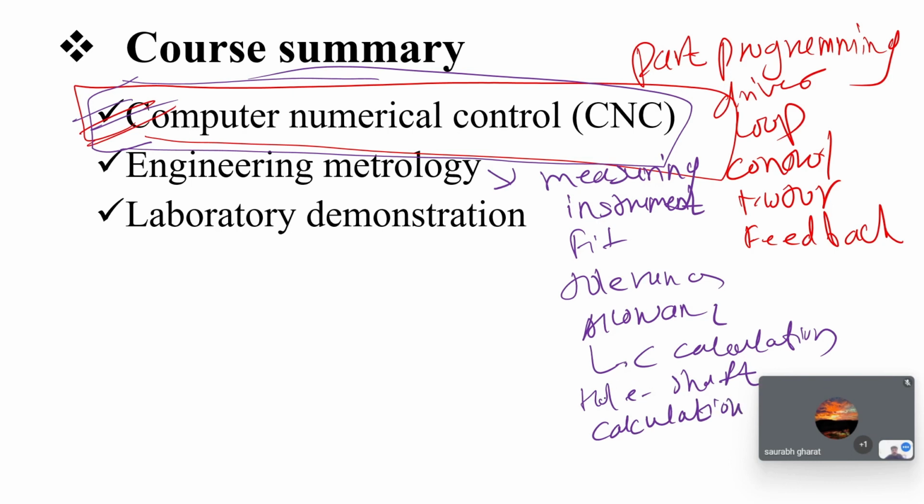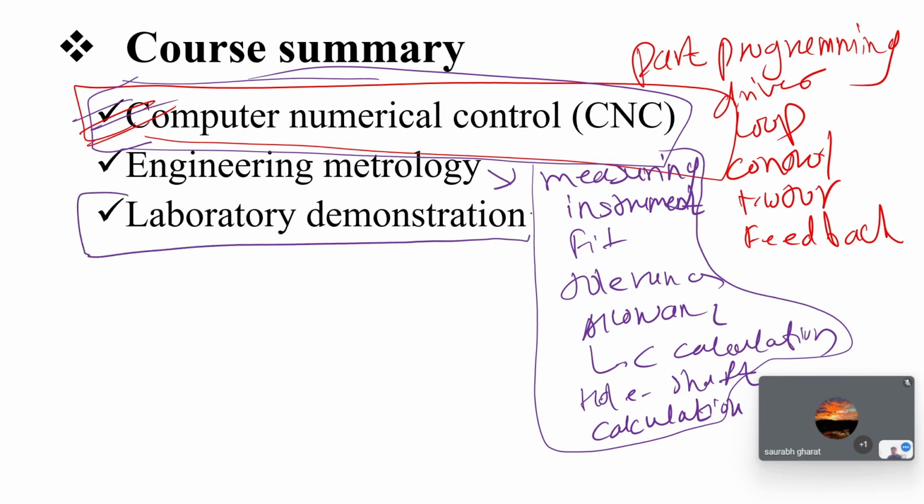So this part you must consider here. Your drive and your loop, the control, is for the CNC part, and this part is the metrology, for the measuring instruments, fit, tolerance and allowance. And then the laboratory demonstration: you go through the laboratory part.